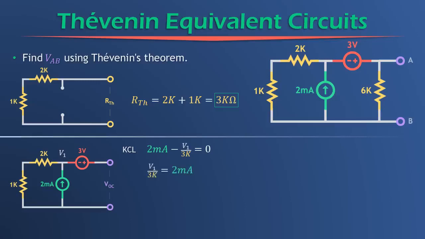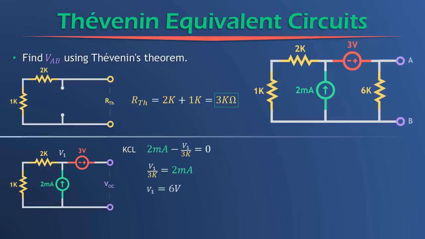And then we can simplify, and we get that the voltage at V1 is 6 volts. So basically you can think of it as a 6 volt voltage source between here and here.